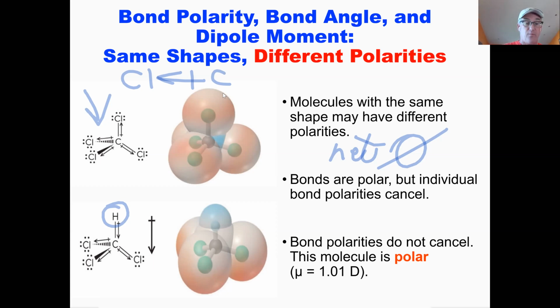So now we have one little dipole pointing towards the carbon and the other three pointing away from it. Well, now when we add them all together, they're all pointing down. Now it's polar, and it has a little over 1 Debye. It's polar because it's no longer symmetrical, and so we can't cancel all the bond dipoles.